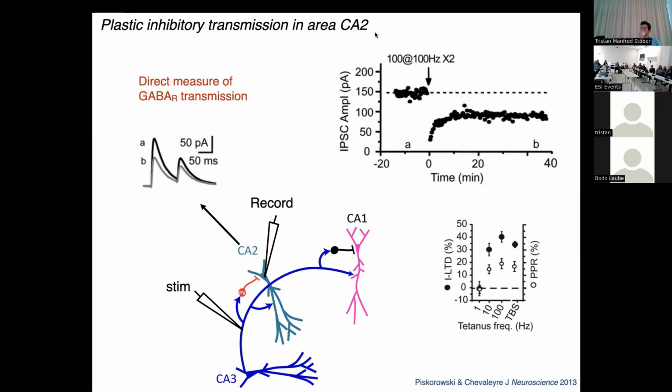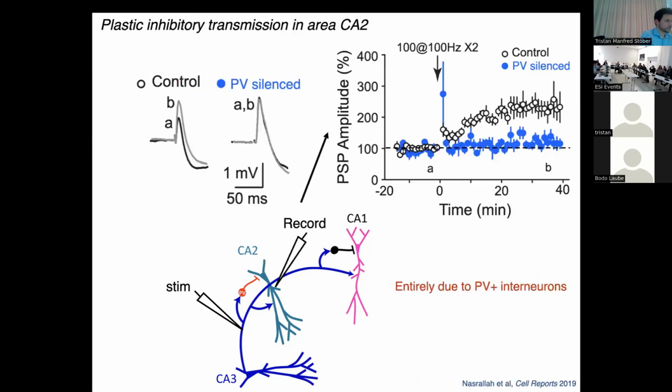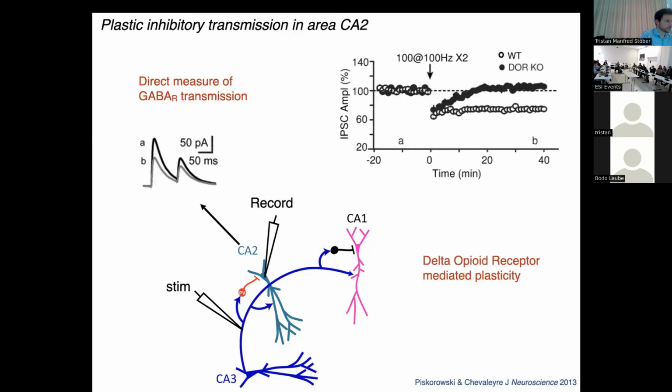We found that if you deliver a high frequency tetanus to CA3 inputs and record from CA2, you can induce a long-term depression in the inhibitory transmission. You can deliver different kinds of stimuli to induce this long-term depression. We figured out that this LTD of inhibitory transmission is entirely due to the activation of opioid receptors.